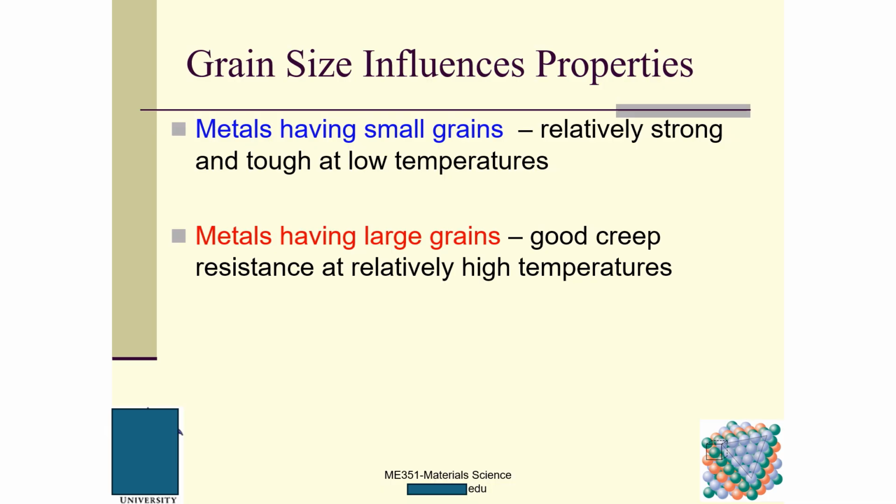Grain size influences properties. We know that metals having small grain size are relatively strong and tough at low temperature. Metals having large grains have good creep resistance at relatively high temperature. You know creep, right? Creep means that at a certain temperature, even though the stress does not change, the strain keeps changing. This is called creep. Creep is a commonly seen phenomenon in metals at very high temperature, for example titanium alloy.